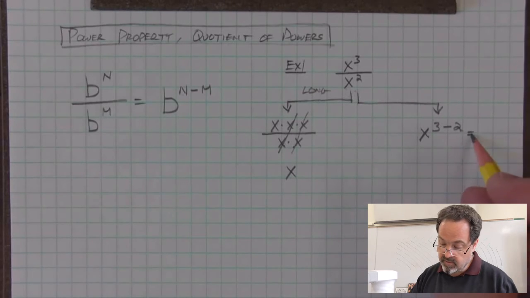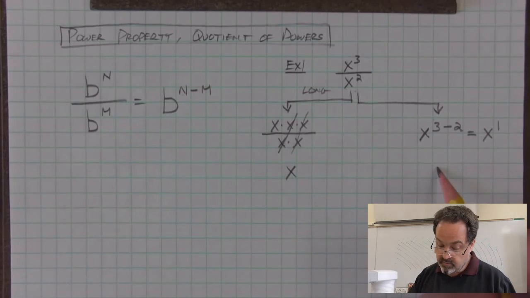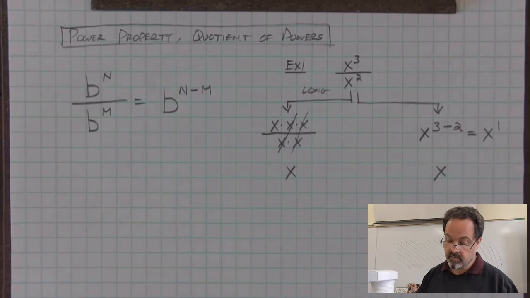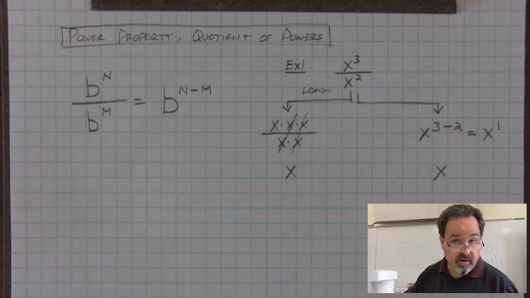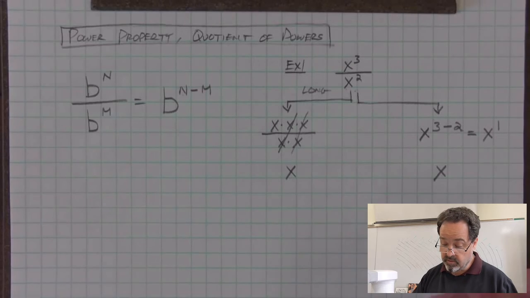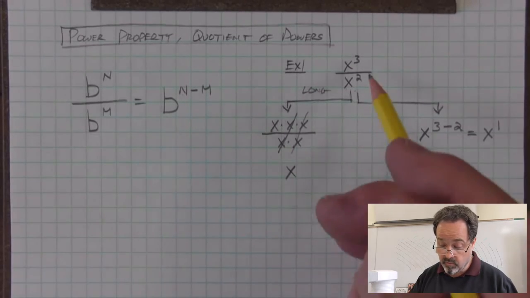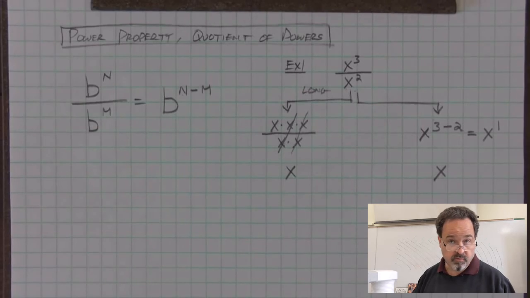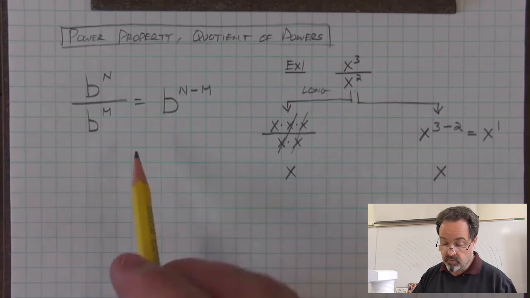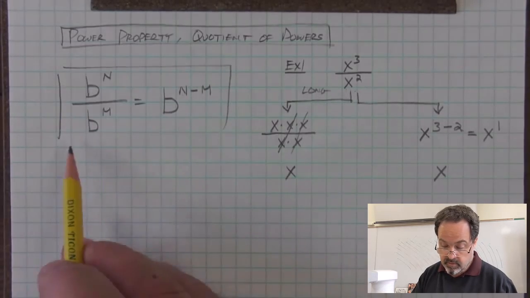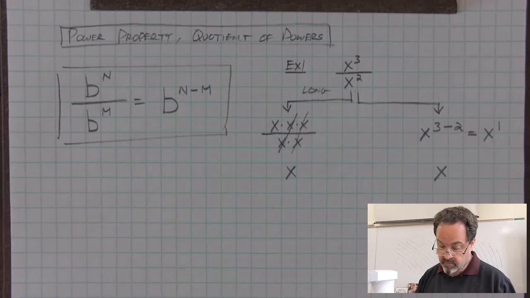And this is the same thing as x to the 3 minus 2, which is x to the 1, and x to the 1 is just x. We don't have to list the exponent of 1, we can ignore it. So we have 2 ways to simplify this quotient of powers. Use the property to speed up your process.